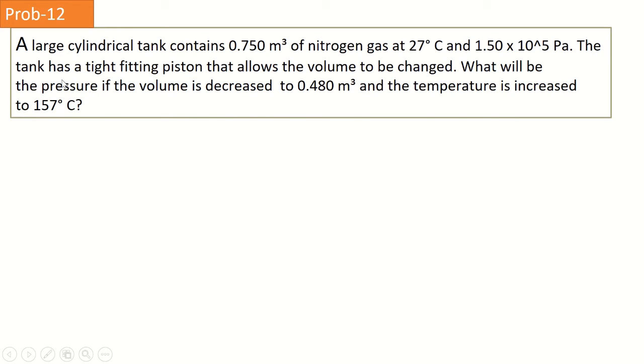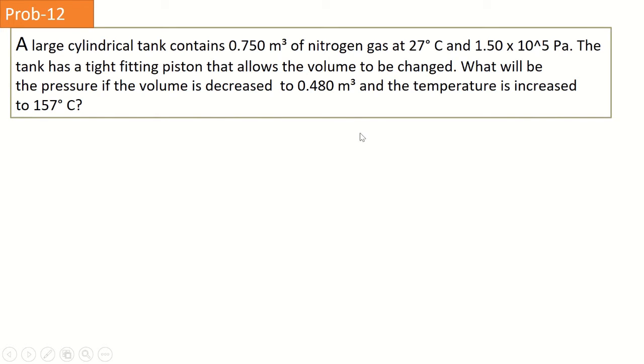The tank has a tight fitting piston that allows the volume to be changed. What will be the pressure if the volume is decreased to 0.480 meter cube and the temperature is increased to 157 degrees centigrade?